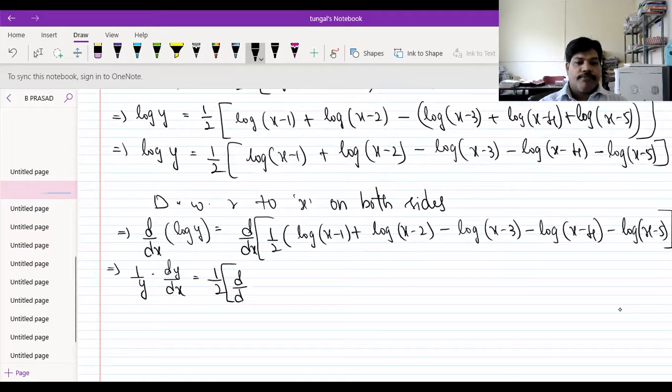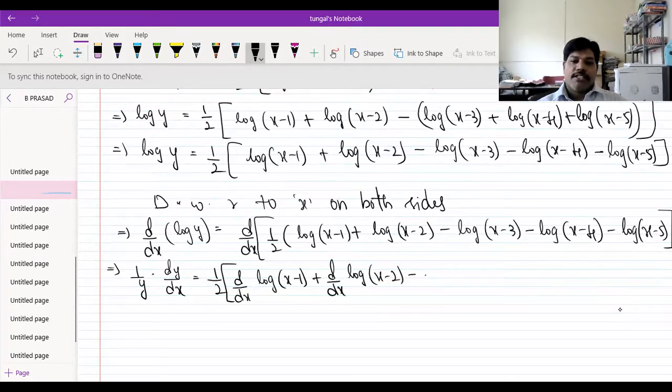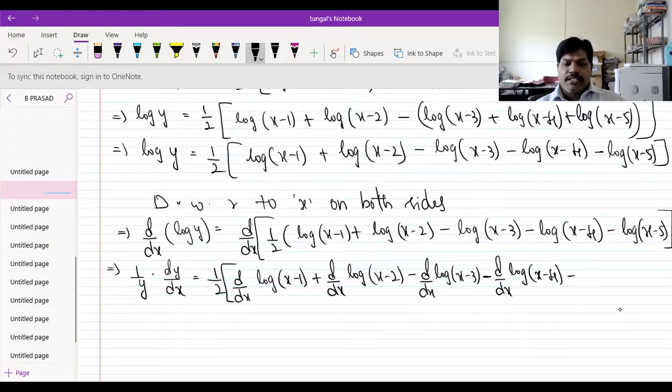So the derivative of log of x minus 1, plus derivative of log of x minus 2, minus derivative of log of x minus 3, minus derivative of log of x minus 4, minus derivative of log of x minus 5.